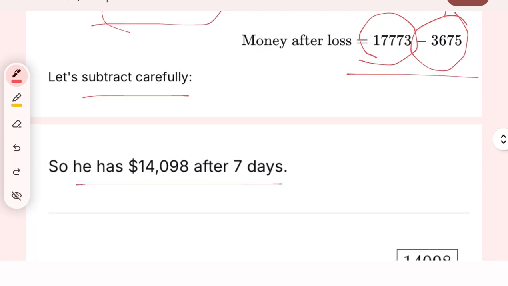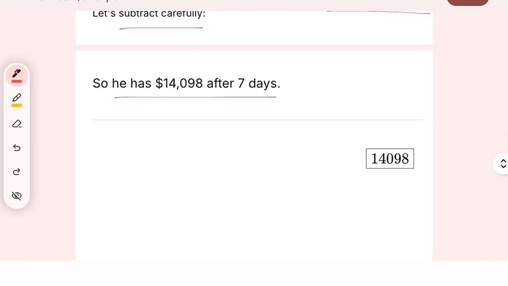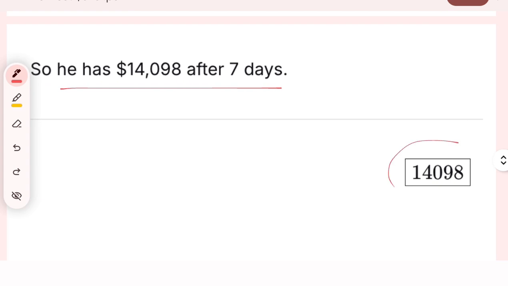So the answer is 14,098. So that is the remaining money. He now has a remaining money of 14,098 after 7 days of losing some money. So what is left for Ben is this amount.